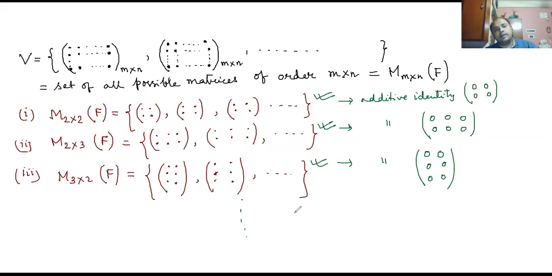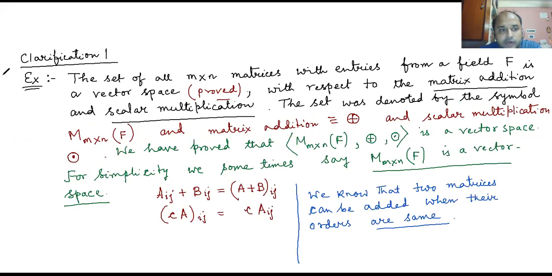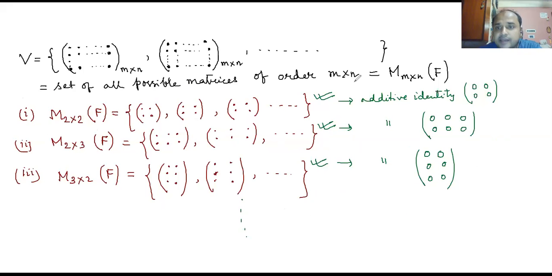So in general, this is a very general case. We avoid talking about individual matrices of different orders, and we talk about the general case, and therefore we say that M m cross n is the set of matrices of a given order m cross n.